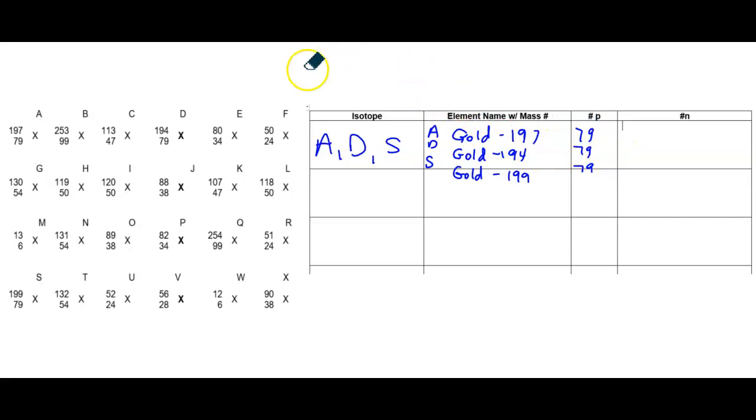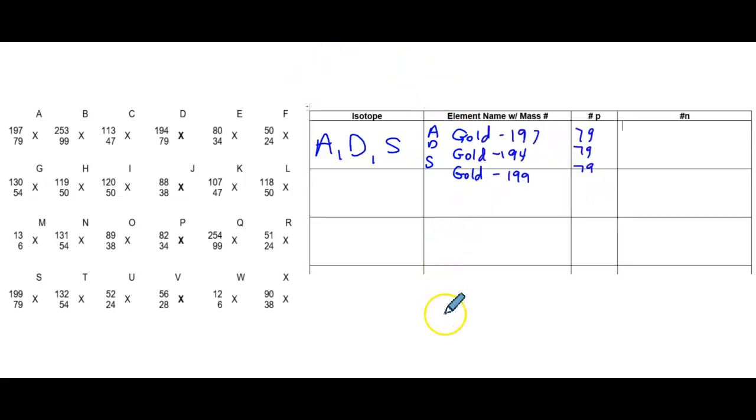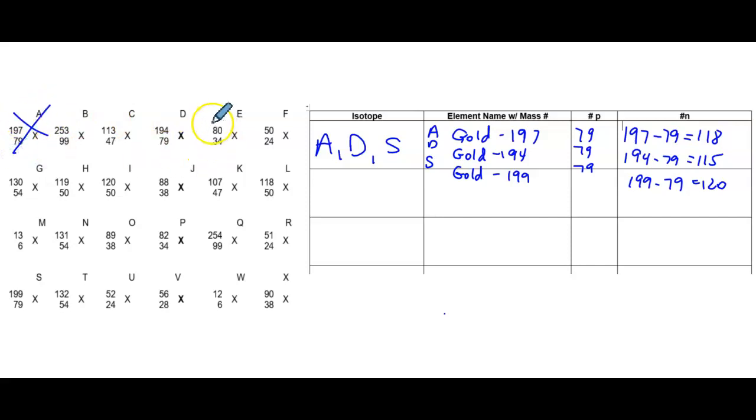So we're going to take 197 minus 79, 194 minus 79, and 199 minus 79. This is 118, this is 115, and this is 120. So you've taken care of and grouped A, D, and S.